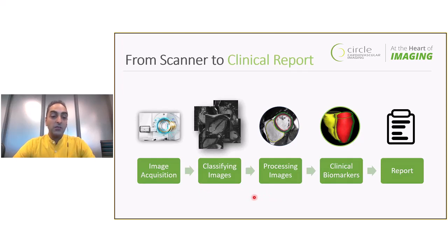And we can actually use AI to reduce the cost of CMR studies by facilitating image acquisition.